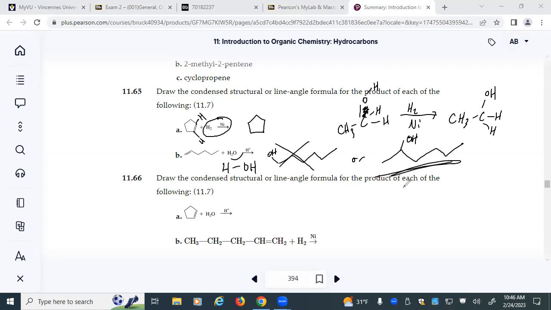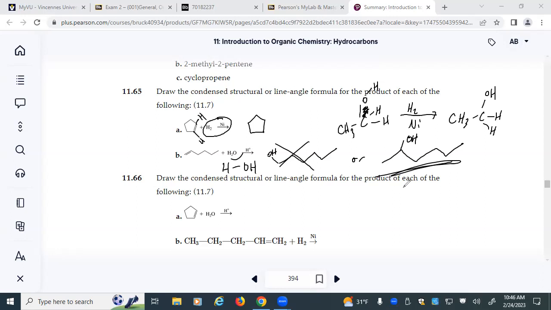Well, what Markovnikov's rules say, and we didn't state this explicitly as Markovnikov's rule, is that when we've got multiple groups attaching over a double bond, they're going to go toward their own kind. So the hydrogen is going to go to the side of the double bond that has more hydrogens on it. The OH is going to go on the side that has fewer H's on it.